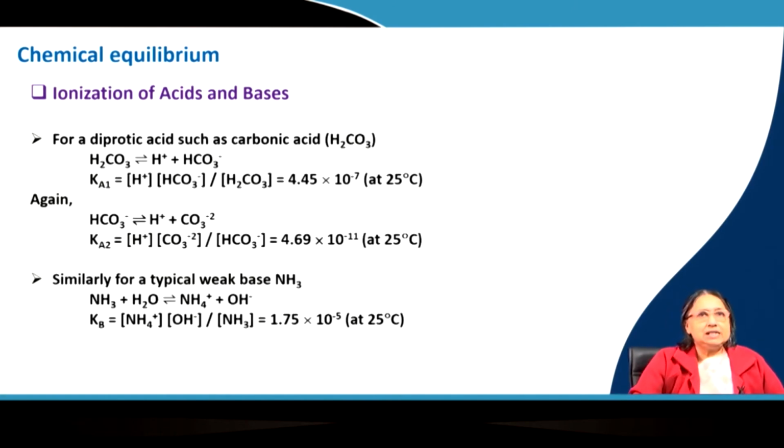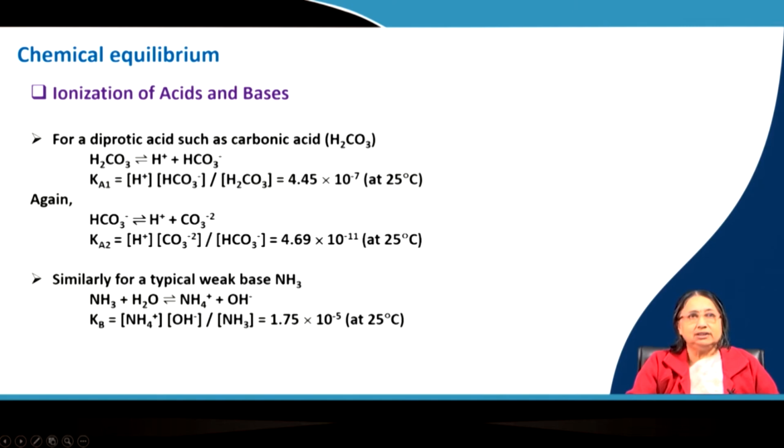Now, diprotic acids are a very important example. This is carbonic acid, a diprotic acid. You see here H2CO3, that means 2 protons are there. When the first dissociation occurs, H2CO3 gives H plus ion plus bicarbonate ion, and here we write Ka1.